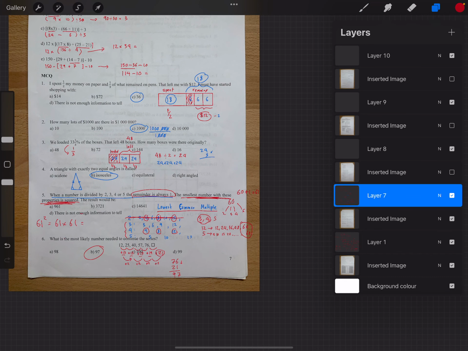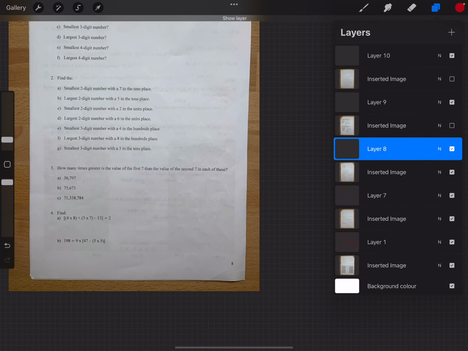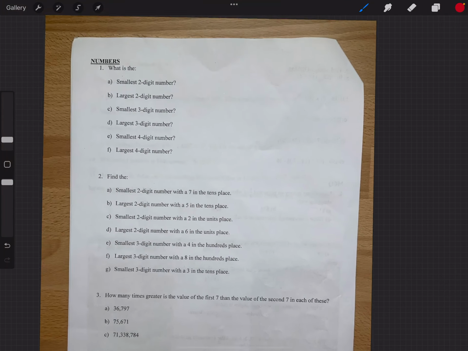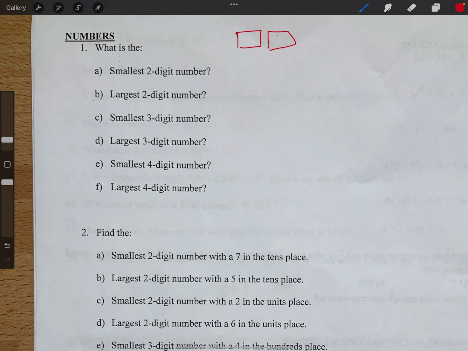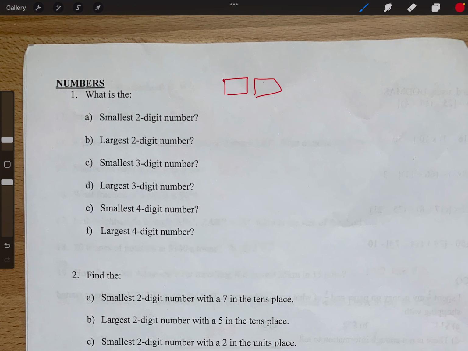Alright, next page. What is the smallest 2-digit number? Well, can we use 0 as the first digit? No, you can't use 0. The first digit will have to be a 1, and the smallest second digit will be 0.